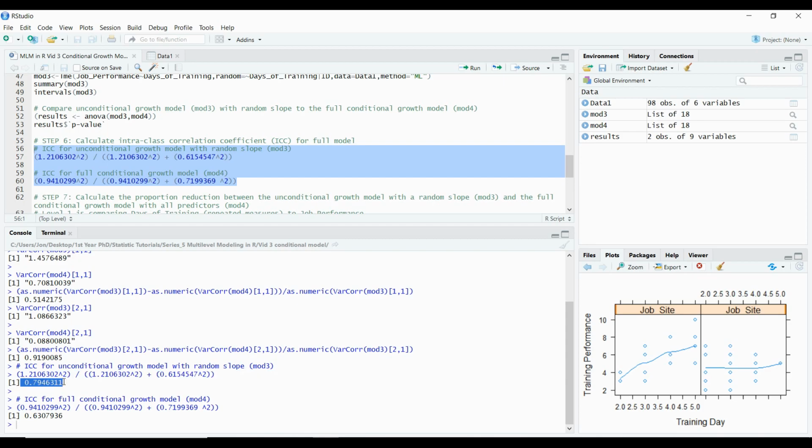So as we saw in video 2, 79, so that means there's 79% of clustering taking place when we just have a random slope with no predictors. And by the time we add our predictors, in the full model, it's now at 63%. The idea here is both of these are still very high values. Even for the full model, the amount of evident clustering is still very high.